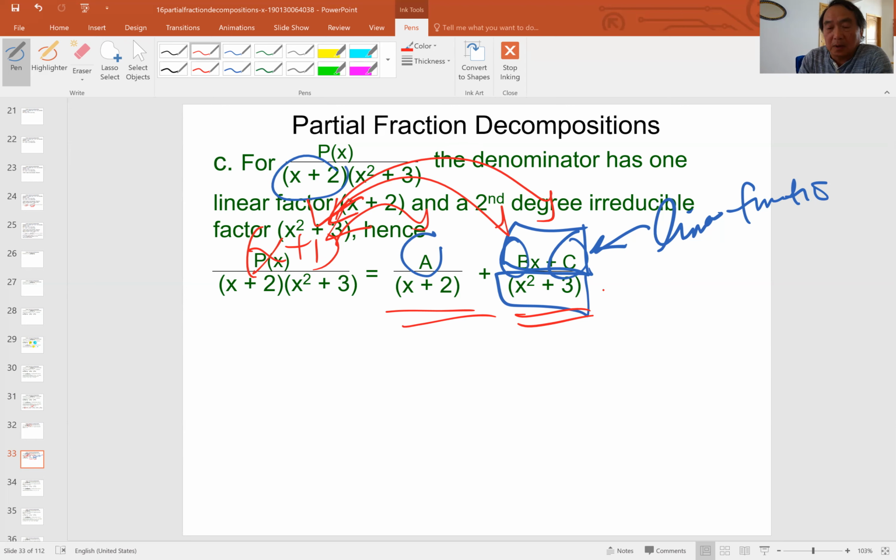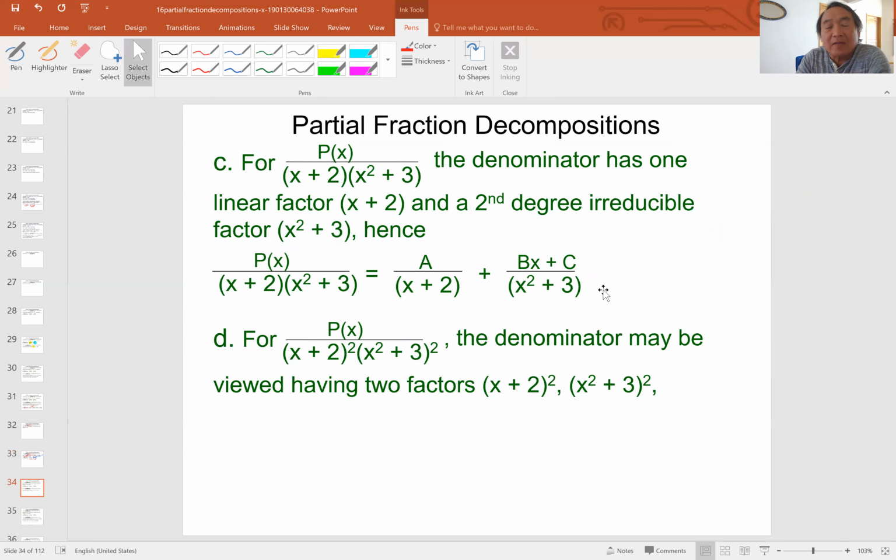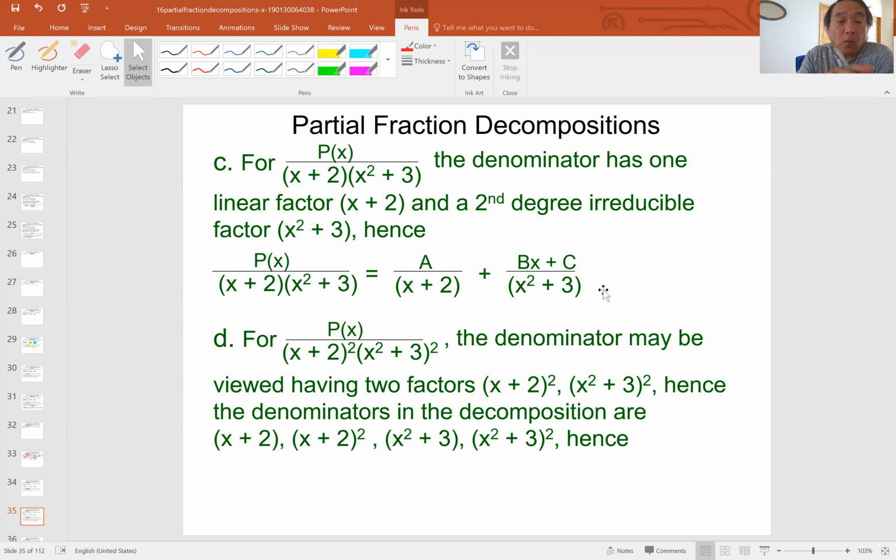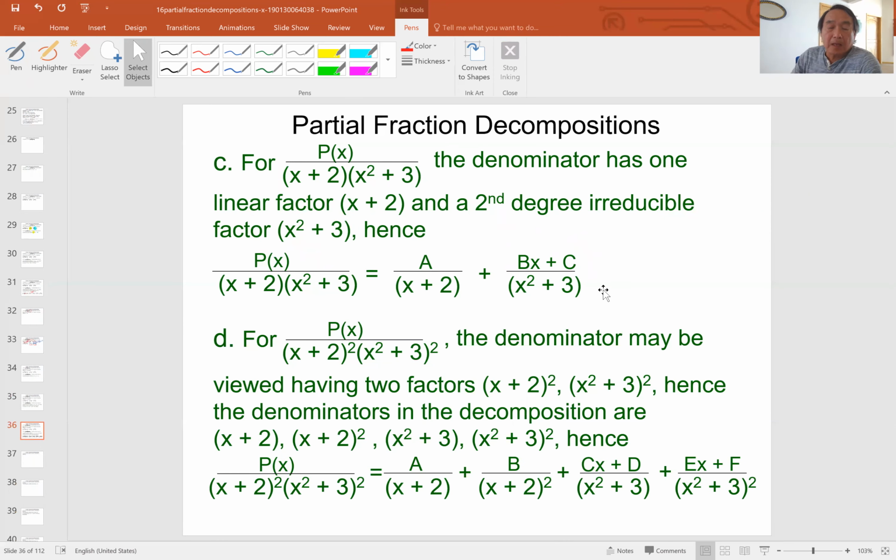Now, what happens if I raise everything to a power? In this case, it's power 2, power 2, power 2. You will need 2 for each. You will need 1 of each fraction with each of its denominators.